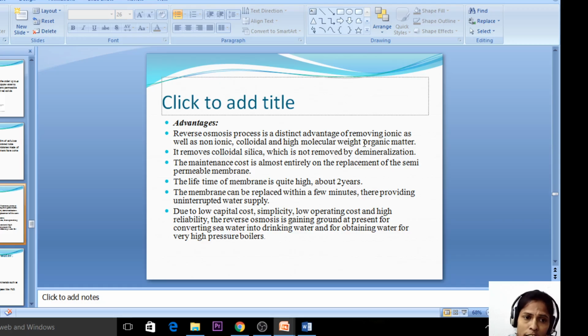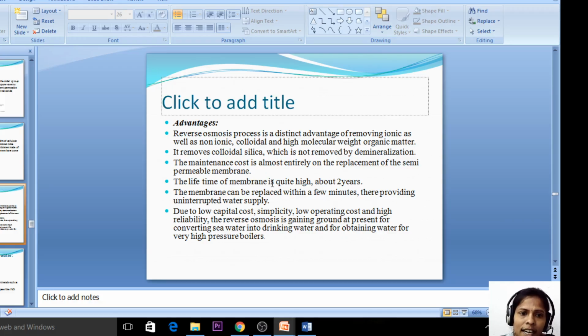Those impurities are ionic impurities, non-ionic impurities, colloidal impurities, and high molecular weight organic matter. It also removes colloidal silica, which we can't remove by using the deionization or demineralization process. That means by using the ion exchange method, we can't remove the colloidal silica, whereas by using the reverse osmosis process, we can remove the colloidal silica. That is one of the advantages.